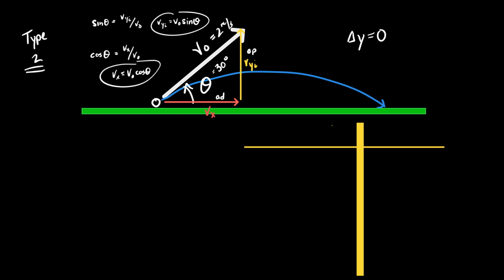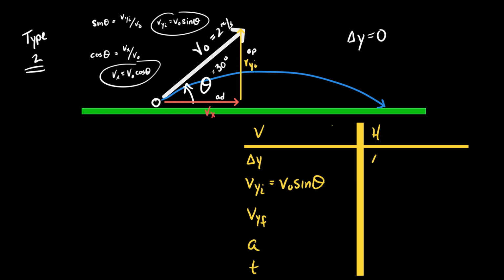So I'm going to get my little chart out again. Vertical, horizontal: delta y, Vy initial, which now we know is always v naught sine theta, Vy final, a and t, and delta x, Vx, which we now know is always v naught cosine theta, and t.